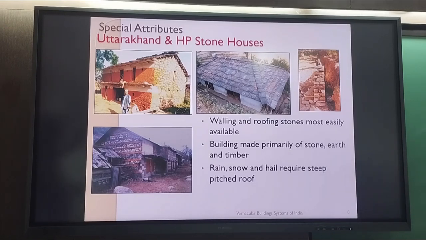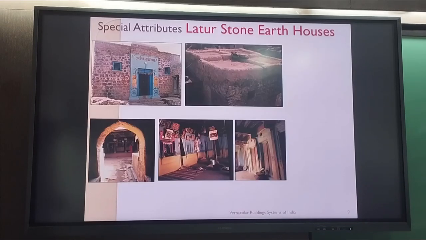They are really good in rain, snow, and hail. In all three, the houses are well made, well designed, and they have steep roofs. Also, the pitched roof provides extra storage, which is very commonly used by people.